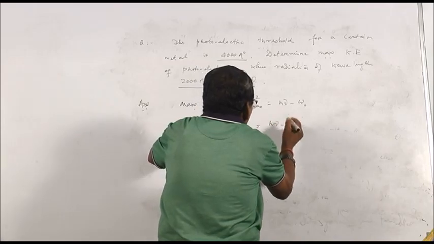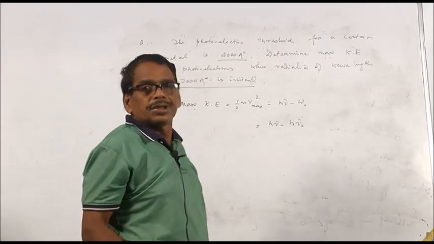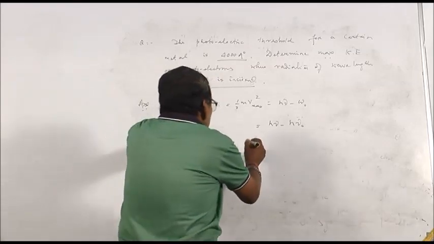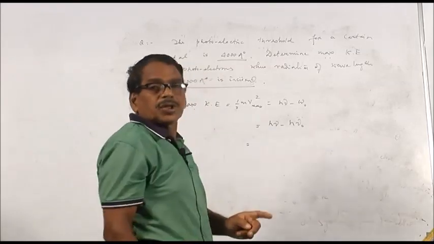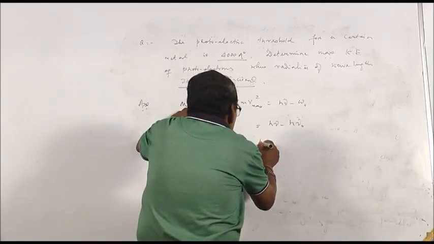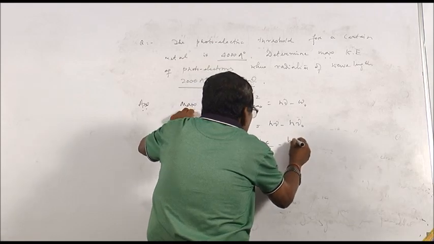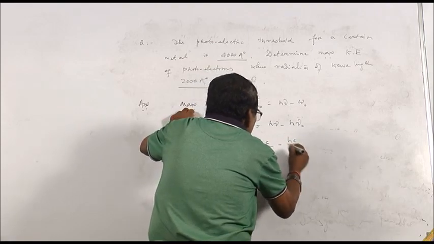h nu minus h nu 0. W 0 is h nu 0, where nu 0 is the threshold frequency. Now, nu and nu 0 must be brought to wavelength form. So, how to bring them? h c by lambda minus h c by lambda 0.